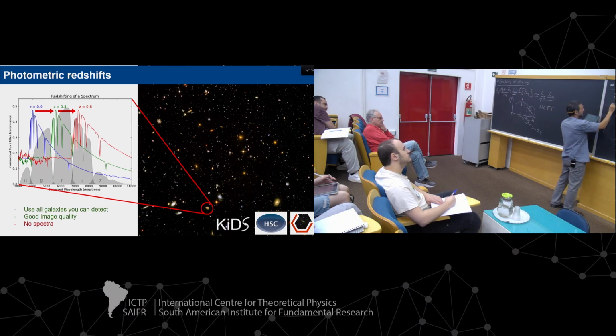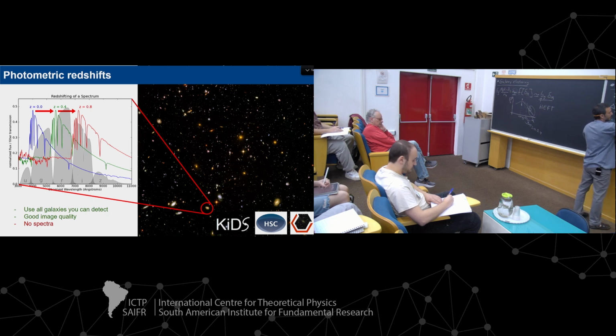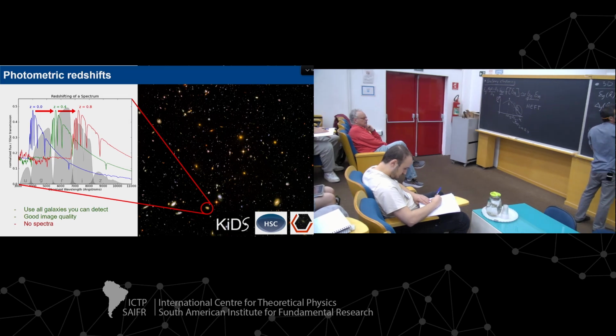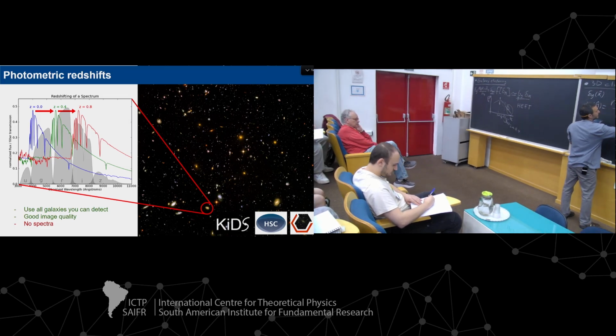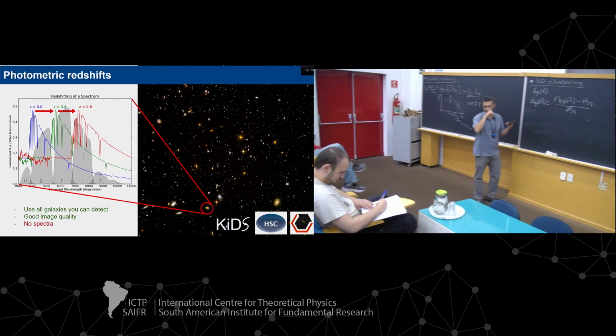So the angular overdensity of galaxies as a function of position on the sphere will be the angular number density of galaxies in that position minus the mean angular density of galaxies, divided by the mean angular density of galaxies. These little omegas are here just to remind you that these are angular densities.